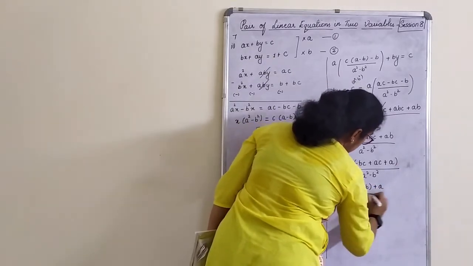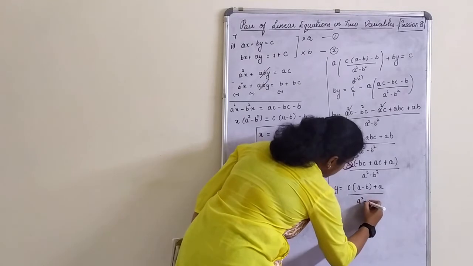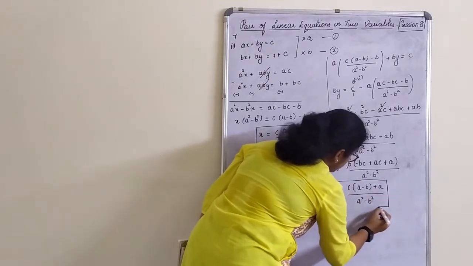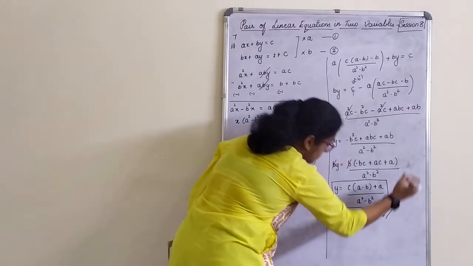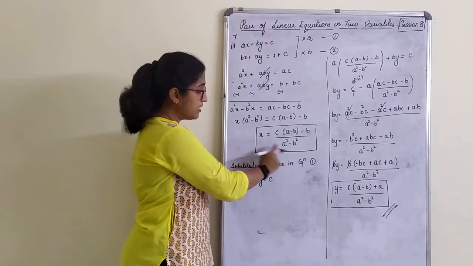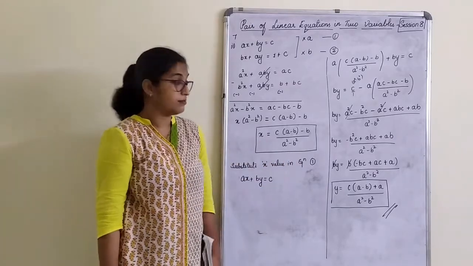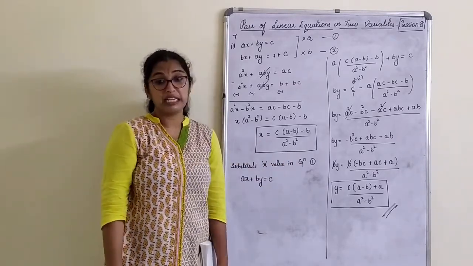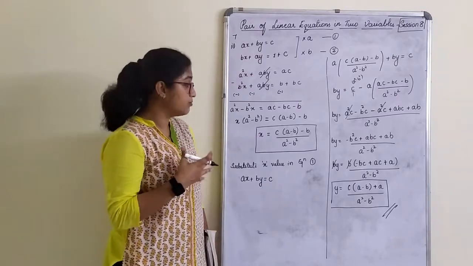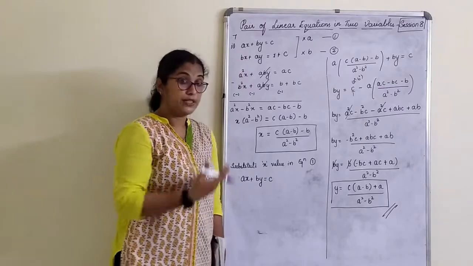Plus a divided by a square minus b square. So that's the answer. This is your x term and that is your y term. That is what I told you. You will not get whole numbers as the answer, you will get it in terms of a, b and c. Copy this down.